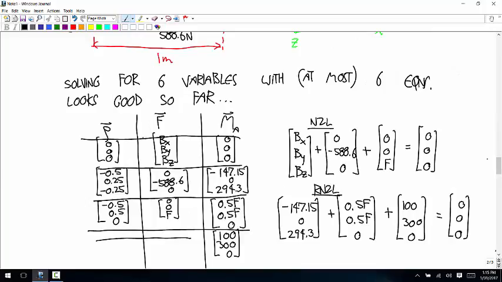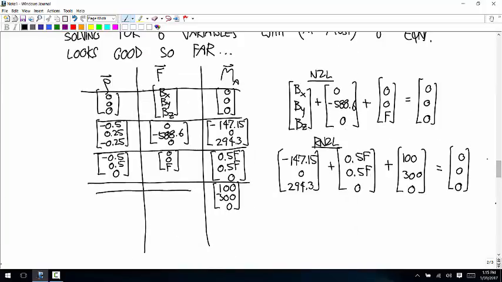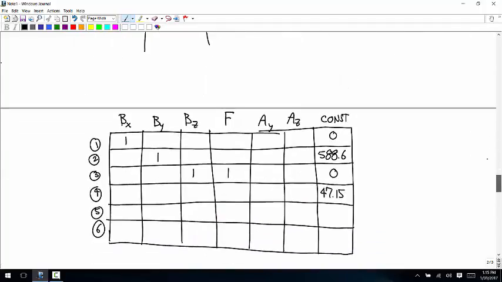And then the fourth equation says 0.5f is equal to, combine those two, and you get positive 47.15 on the right side. So 47.15 is equal to 0.5f. Okay, there's not really any reason to solve for that one either.